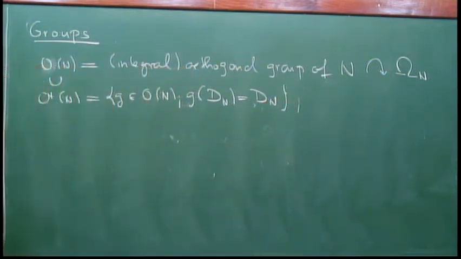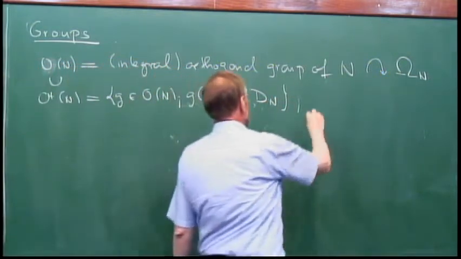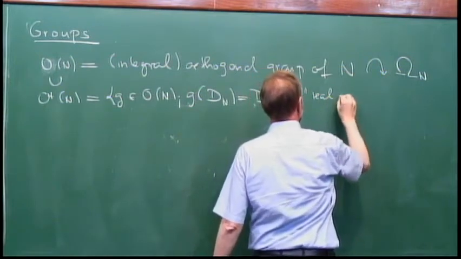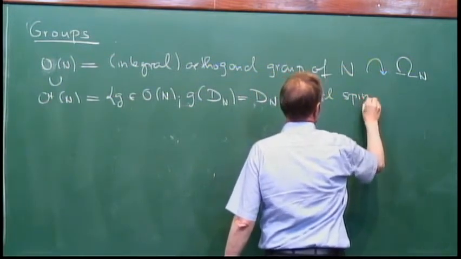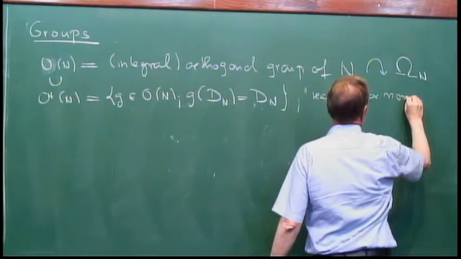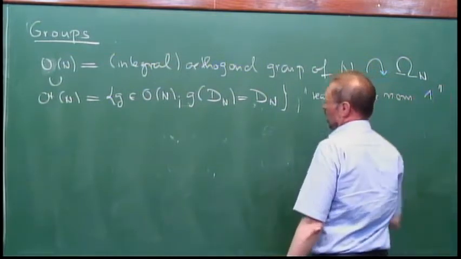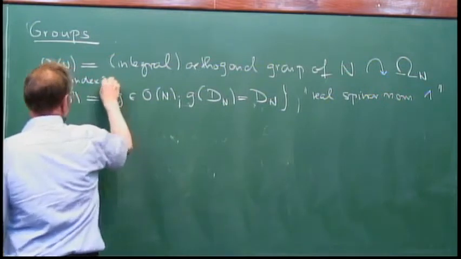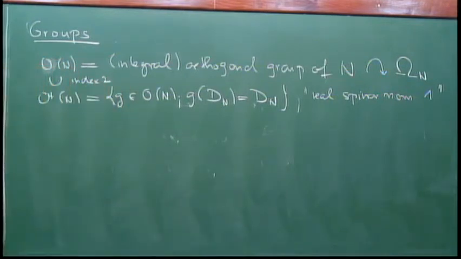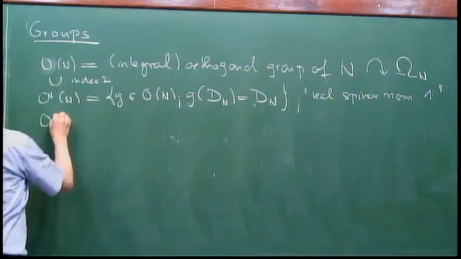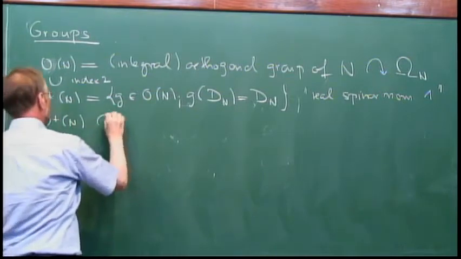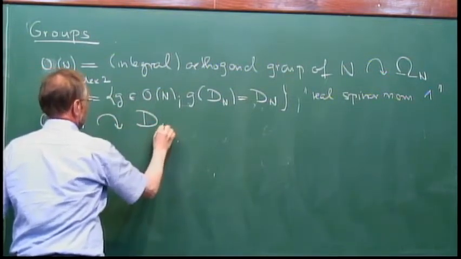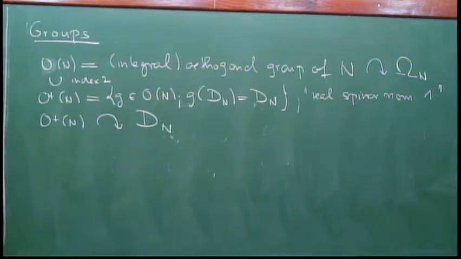And a more fancy terminology for that is these are the elements of real spinor norm 1. But that is an index 2 subgroup. And now the point is that the O plus of N, this now acts on this homogeneous domain D_N.